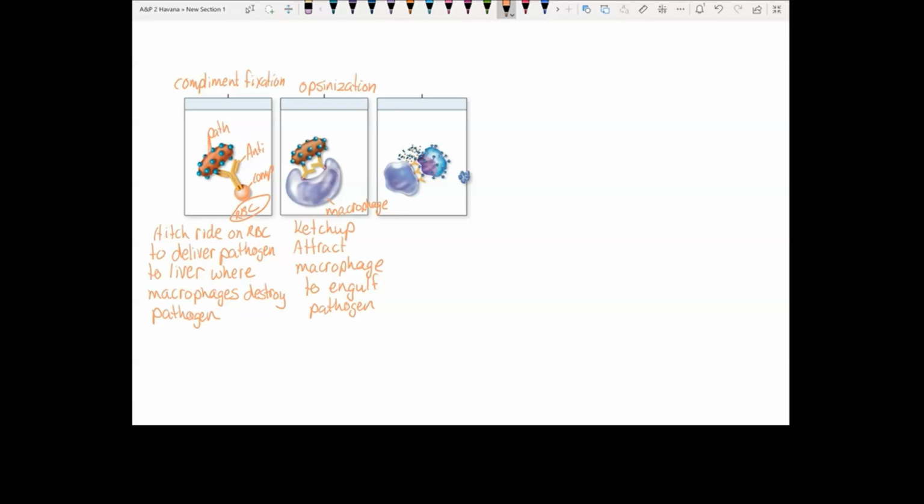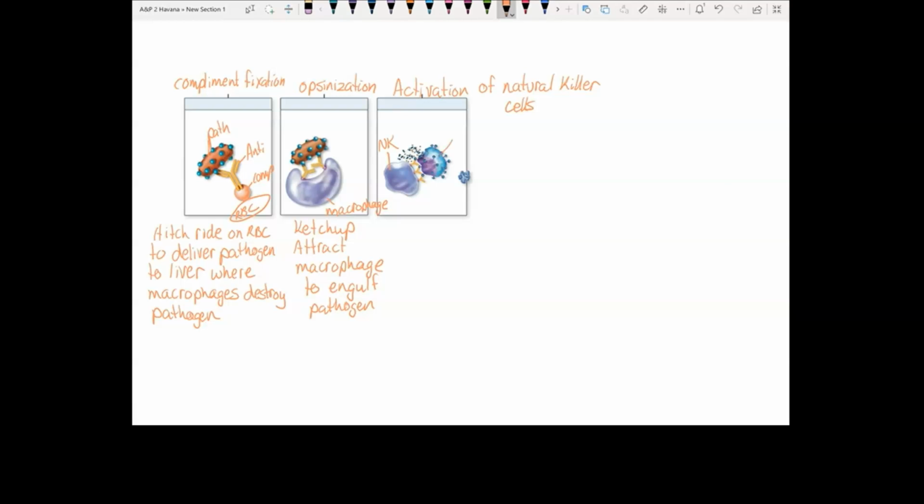The last one, the sixth one, is the activation of natural killer cells. Here is the natural killer cell. Remember before we talked about these with the interferon, that interferon will attract a natural killer cell. Well, antibodies are the other thing that attracts a natural killer cell.